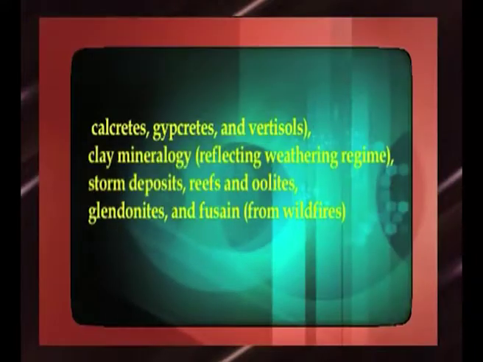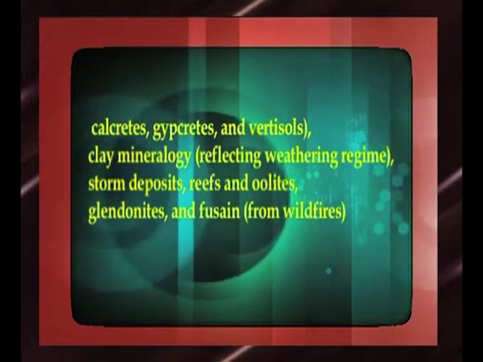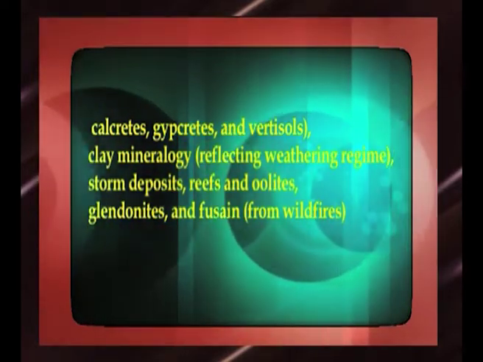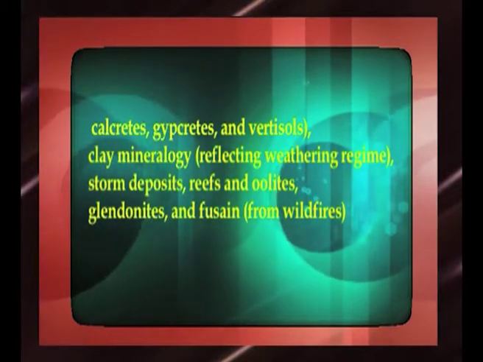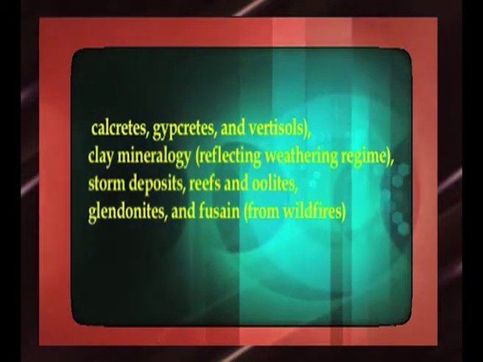Supplementary evidence of the climate is provided by a range of other features, such as other types of paleosols, for example, calcretes, gypcretes and vertisols, clay mineralogy reflecting weathering regime, storm deposits, reefs and oolites and glauconites, and fusain from wildfires. Coals, often considered to require moist tropical climates, are now known to accumulate equally well in temperate mires.